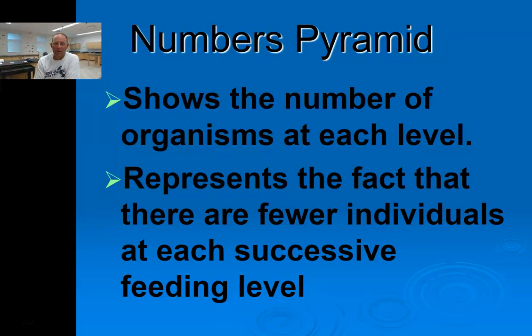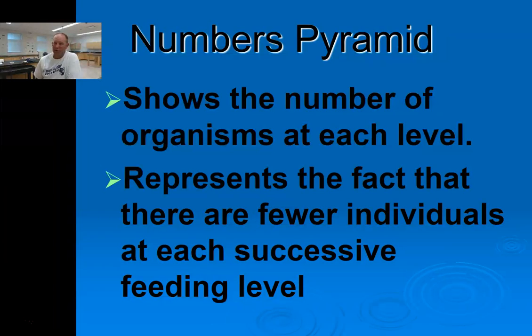Now, as we talk about the numbers pyramid, we also see a significant drop in numbers. The numbers pyramid shows the numbers of organisms at each level. So how many phytoplankton, how many algae do you think there are in the world?